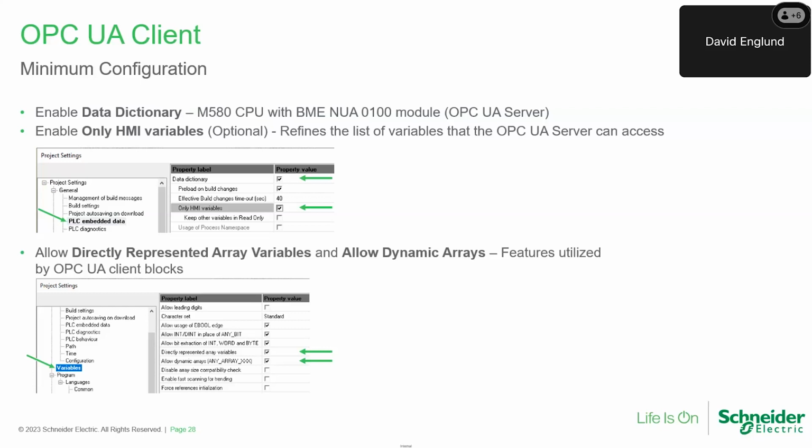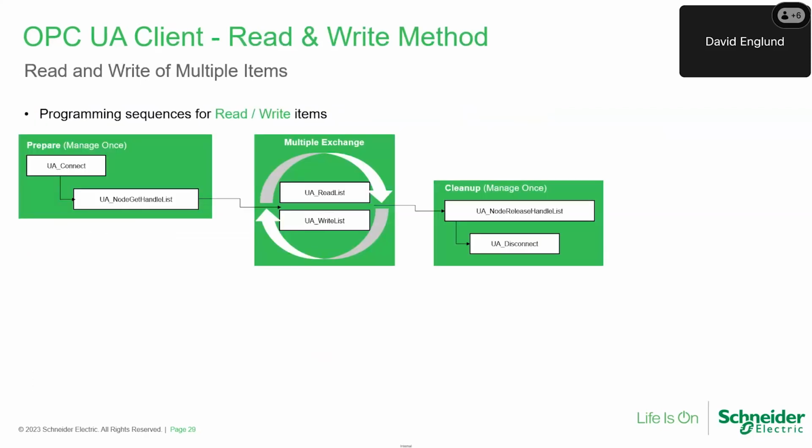For the client function blocks, we must always enable directly represented array variables and allow dynamic arrays, as these features are utilized by the OPC UA client function blocks. The OPC UA client blocks require a specific sequence of coding to operate.